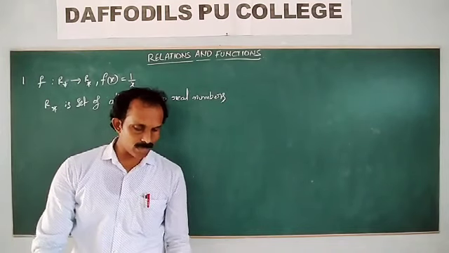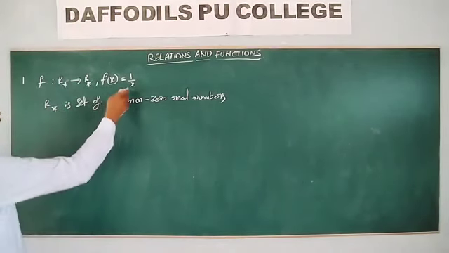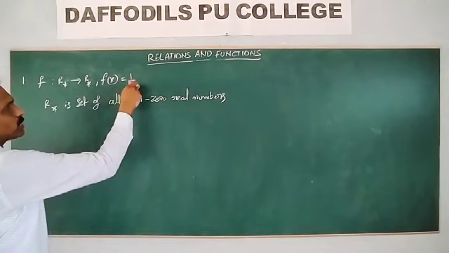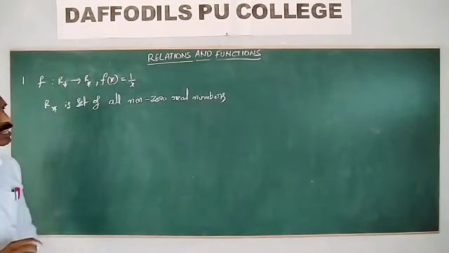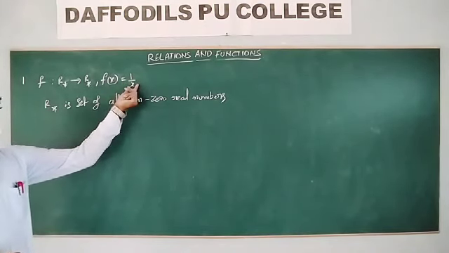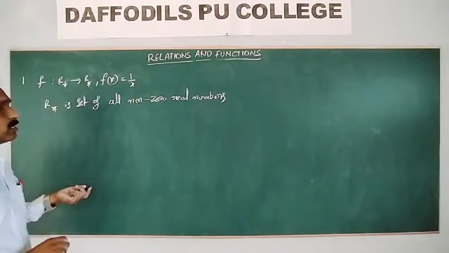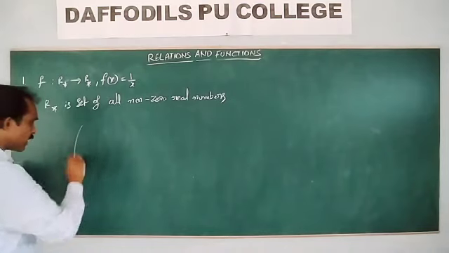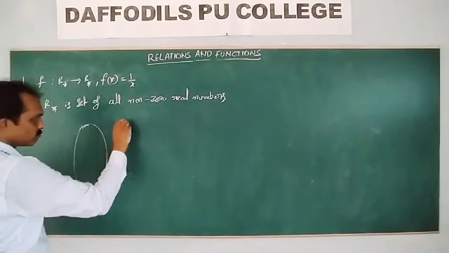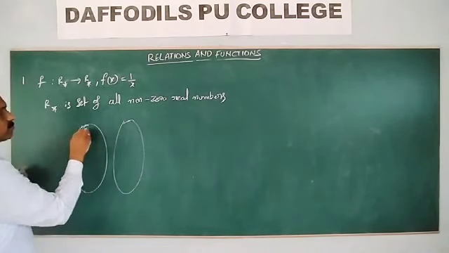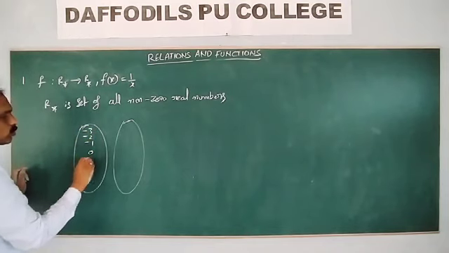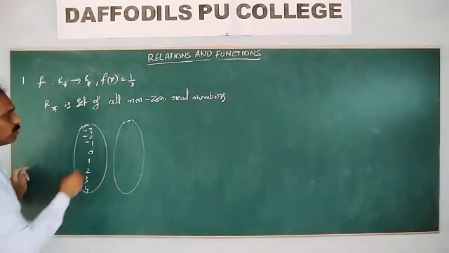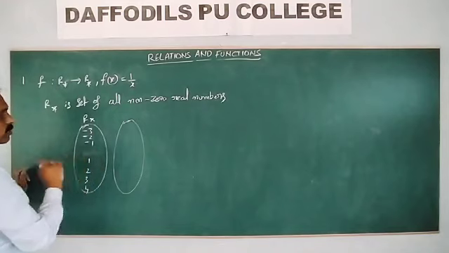Okay, next bit. First of all, non-zero: if you take 0, 1 by x is not defined. Okay, it satisfies. Suppose you take examples like -3, -2, -1, 0, 1, 2, 3, 4. This is R star, so sorry, no 0.